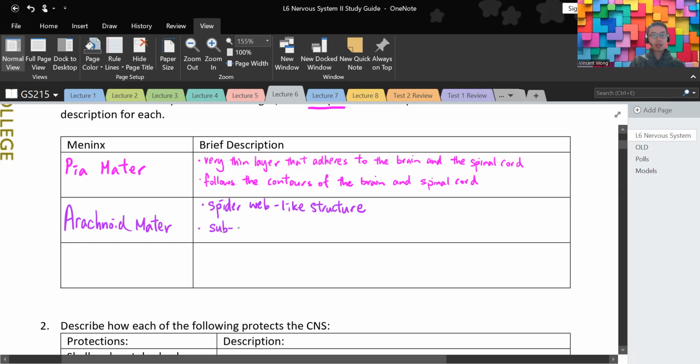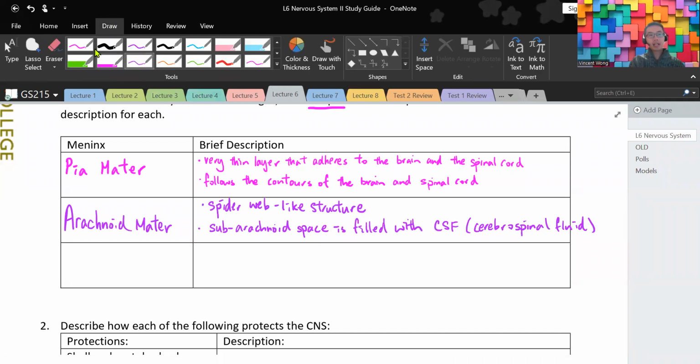So the subarachnoid space is filled with cerebral spinal fluid, or CSF. Okay.